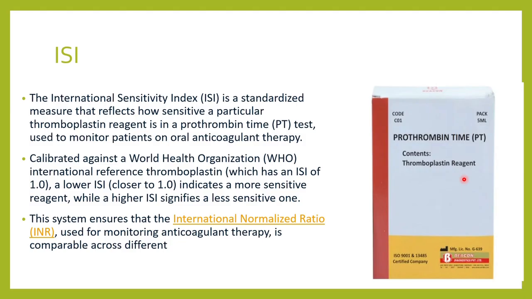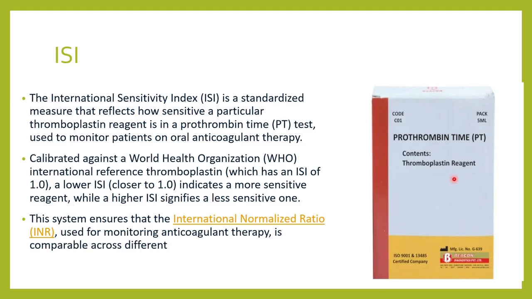This is calibrated against the World Health Organization International Reference Thromboplastin. Reference thromboplastin has an ISI of almost 1. So an ISI closer to 1 indicates that it is more sensitive. The further away it goes from 1, it signifies that it is less sensitive.